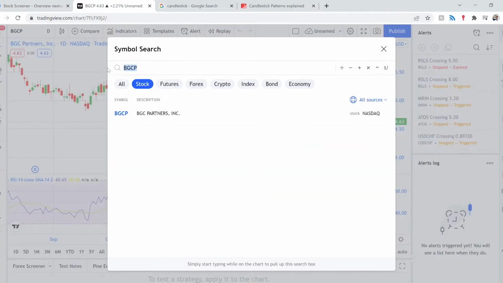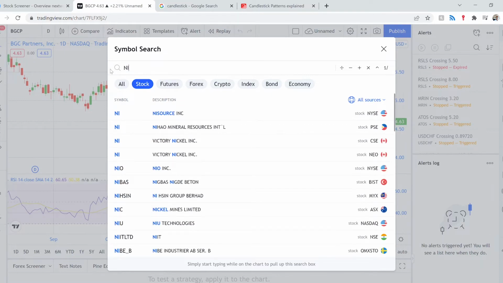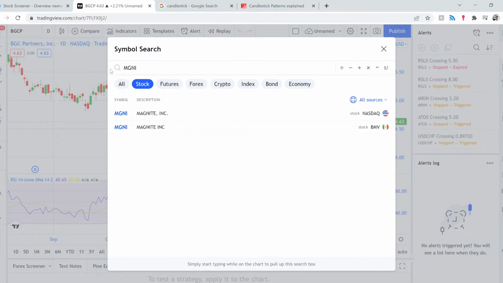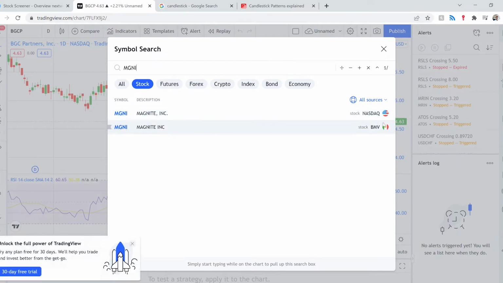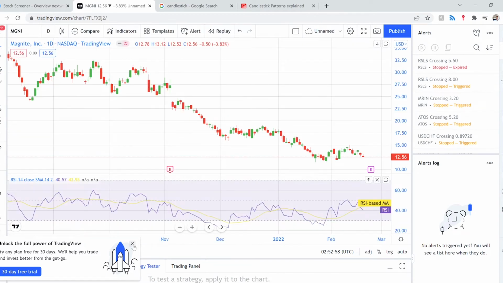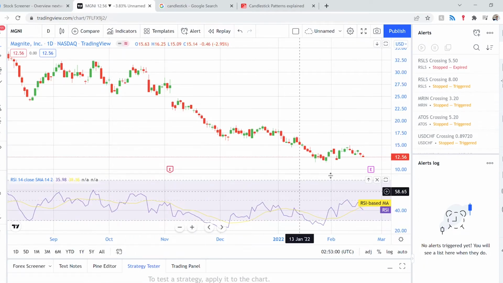So type MGNI there. My keyboard is a little bit slow. Like that, and we want this one with the Nasdaq. We don't want this other one. I don't know what country that is. So select that, and as you can see, we have a chart right here.